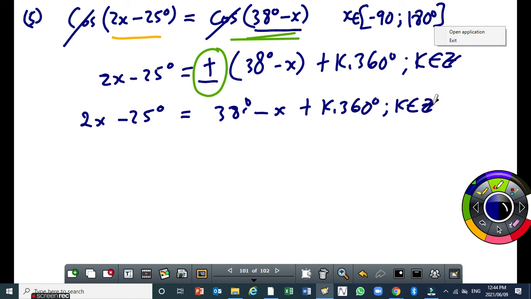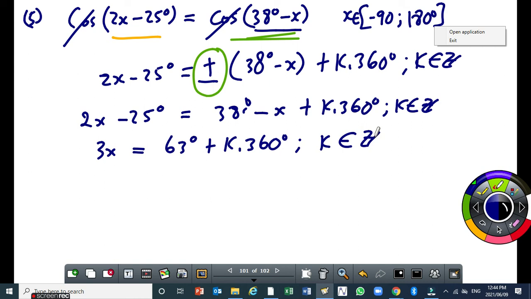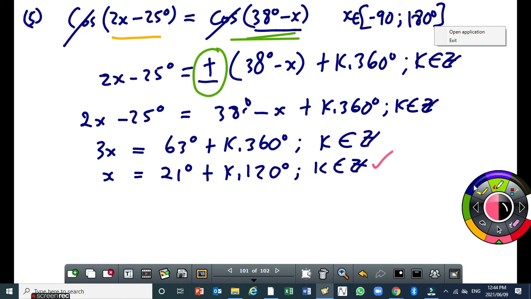Then I'll take the minus x to the left, I'll get 3x, take the minus 25 to the right, I'll get 63 degrees plus k times 360. Then we divide both sides by 3, we get x equal to 21 degrees plus k times 120, where k is an integer. So this will be the first general solution.